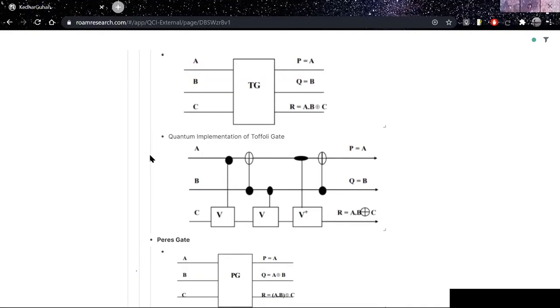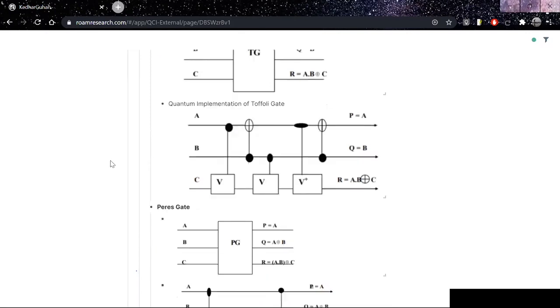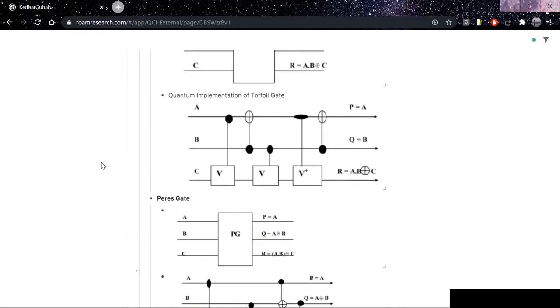You can see it as 0 0 0 1s and try to understand, or at least verify the outputs. If you have 1 and 1 in A and B, then the first V gate is applied to C because A is 1. The second V gate is again applied to C because B is also 1, right?